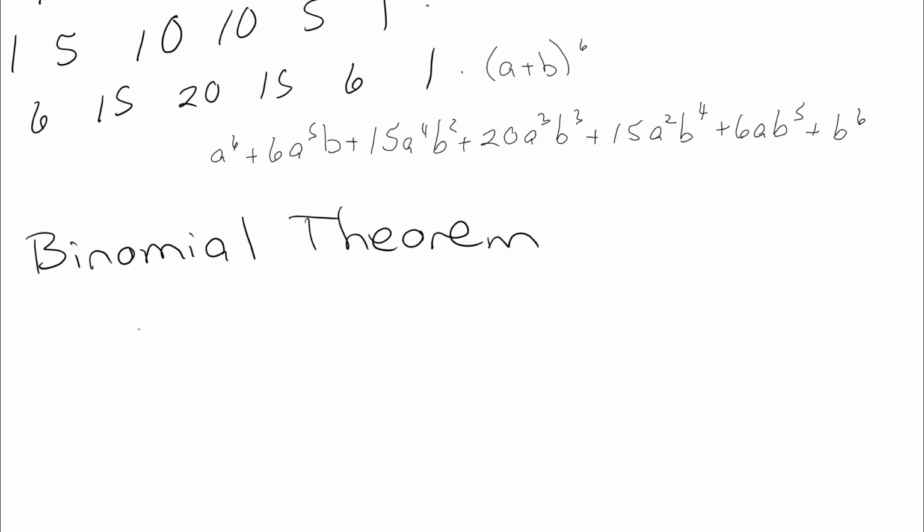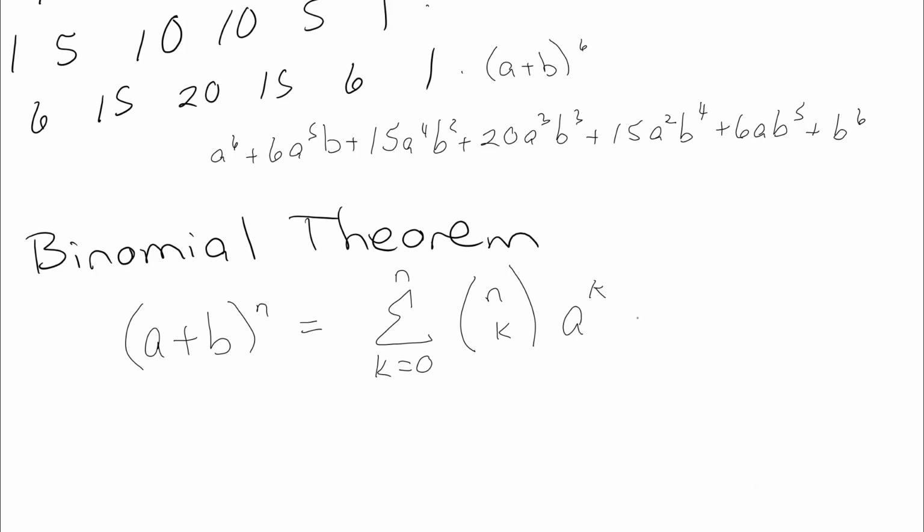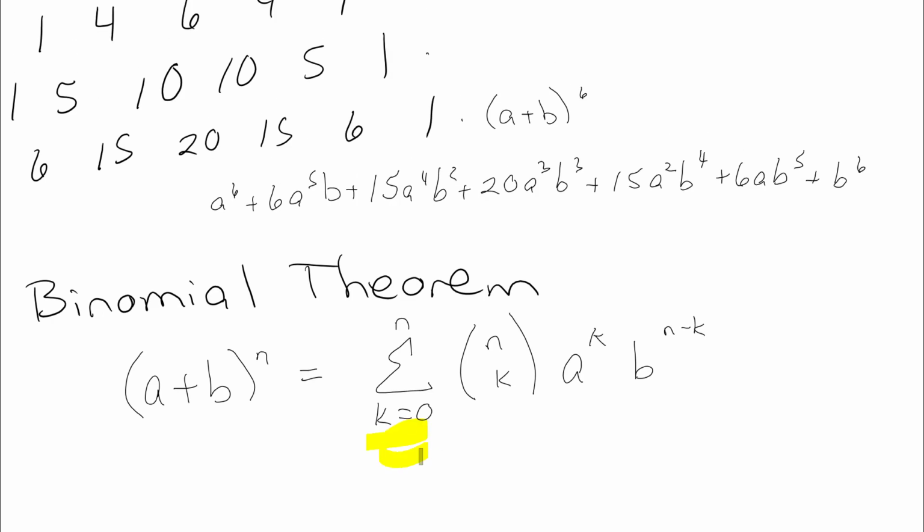And the binomial theorem basically says that if I have, I'll use a's and b's, a plus b to the n, that's given by the summation of k equals 0 to n of n choose k, and then a to the k, and then b to the n minus k. So each one of these summation terms is each one of 1, 2, 3, 4, 5, 6, 7, is each one of those terms. So that's where that summation is. This is basically saying like that.